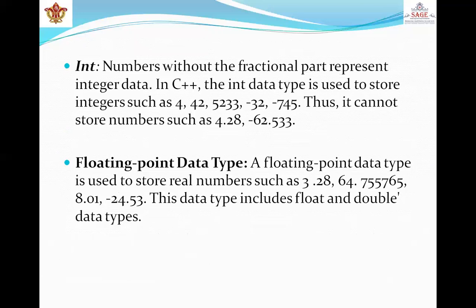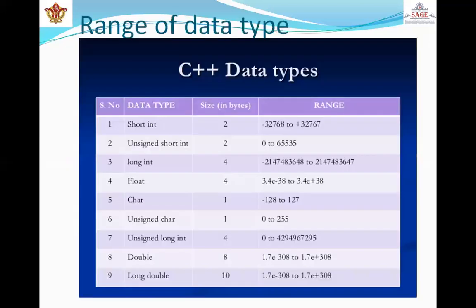The int data type is used to store integers. The floating point data type is used to store real numbers. This is the range of data types: short int, unsigned short int, long int, float, character, unsigned long integer, double, and long double.